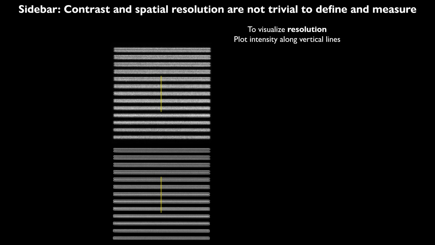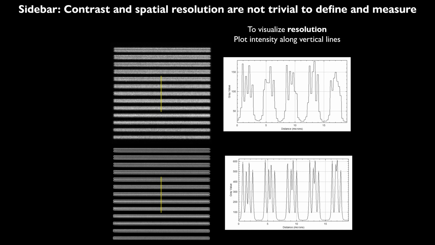For resolution, we can visualize this by plotting intensity along vertical lines in this same kind of sample. The idea here is if you plot vertical lines, you're trying to see where you can tell the difference between these two patterns that are close to each other, which show up here as these two peaks.